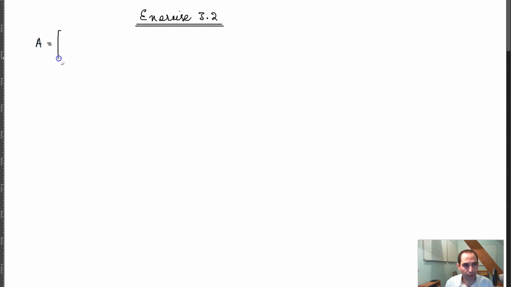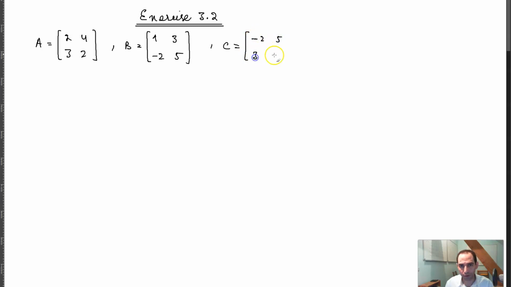A is 2, 4, 3, 2. Another matrix B is 1, 3, negative 2, 5. Another matrix C is negative 2, 5, 3, 4.